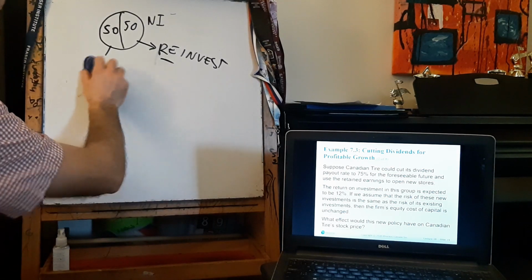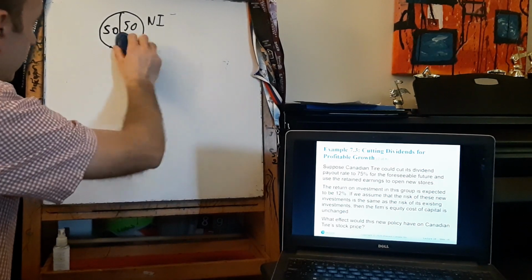Now, if you use all of your net income for reinvestment, you can expect to grow faster. If you use some of it or none of it to reinvest, then you can expect slower growth.